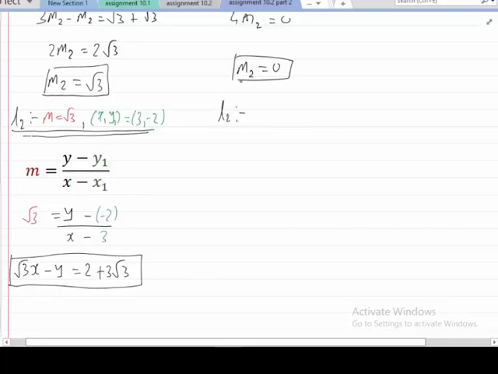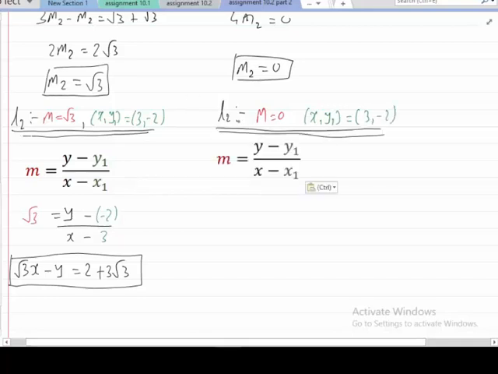Now we also have to find the equation for the second option, whose slope is 0 but the point is still the same, (3, minus 2), right? So let's use the point slope equation again. Put the slope value. Slope is 0, y minus y coordinate is minus 2 upon x minus x coordinate is 3.